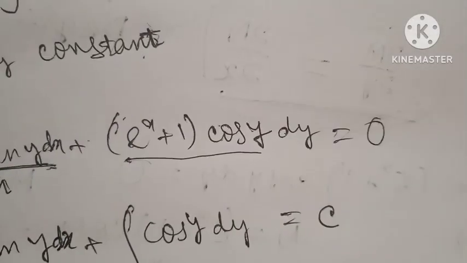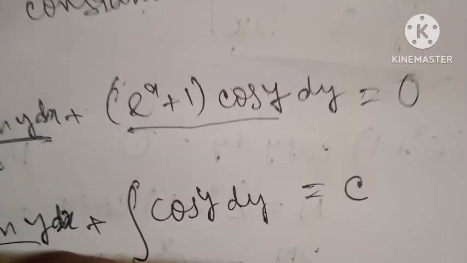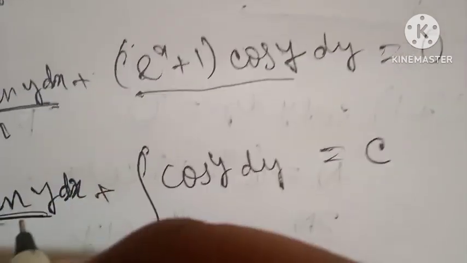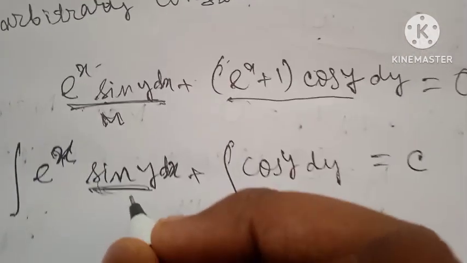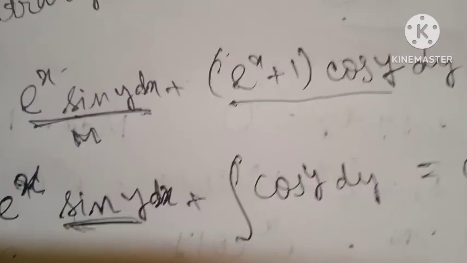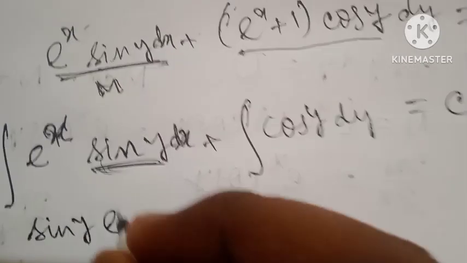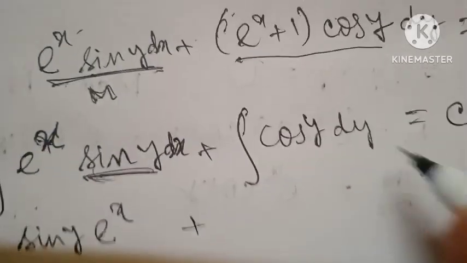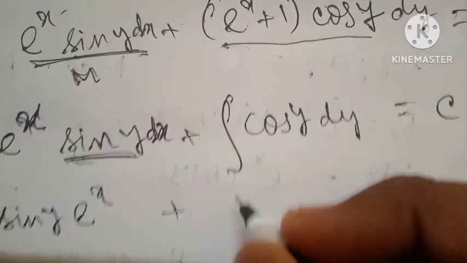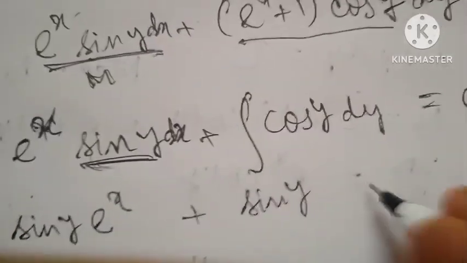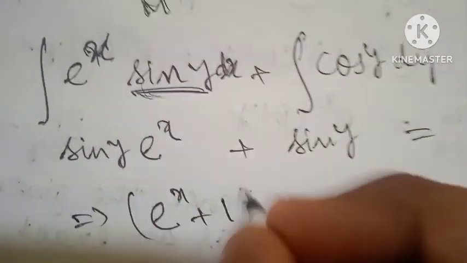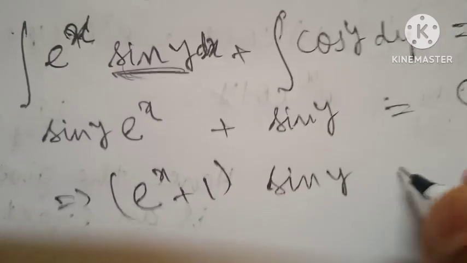Now if we integrate this, the function of y will be considered as a constant, so it will be sin y, and integration of e to the power x is e to the power x, plus integration of cos y is sin y, equals c. So our solution is (e to the power x plus 1) sin y equals c.